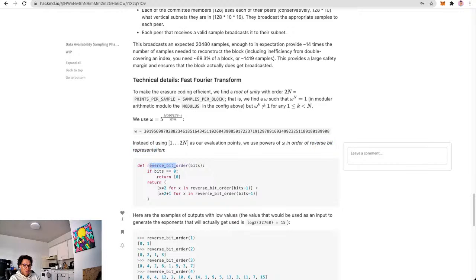Reverse bit order for bits: if bits equals 0, return what the first... return x times 2 for x in reverse bit order, bits minus 1, plus x times 2 plus 1 for x in reverse bit order, bits minus 1.